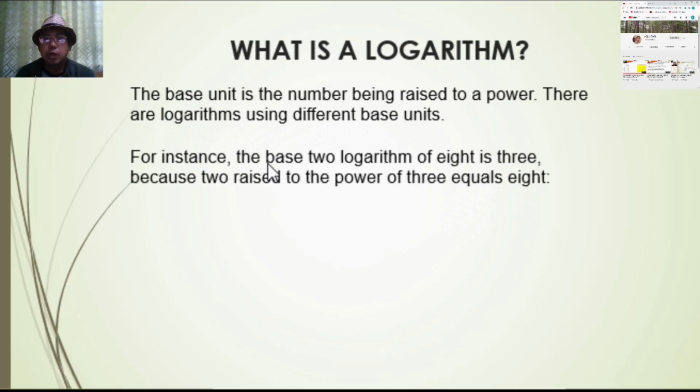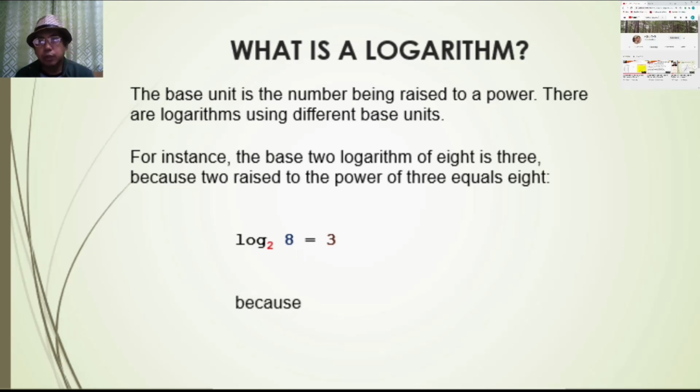Okay, so for instance, the base 2 logarithm of 8 is 3, because 2 raised to the power of 3 equals 8. Now, how is that written in a logarithmic form? So we have in here log of 8 to the base 2, or this is read as base 2 log 8, base 2 log 8 is equal to 3.